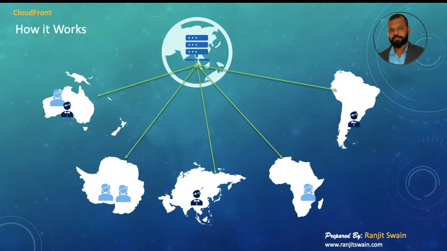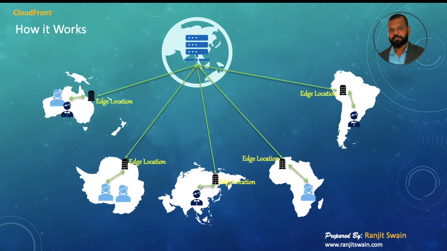How does it work? In every location, every availability zone, there will be one or more edge locations. So what happens if a user from one location tries to retrieve data or content from the server?